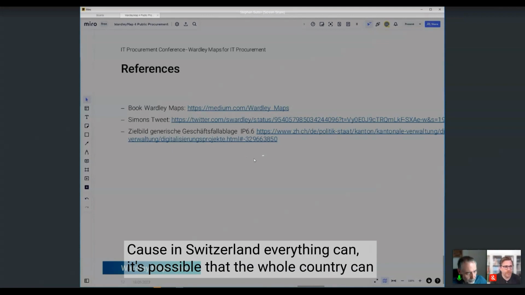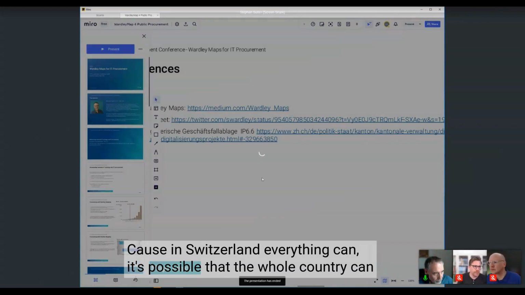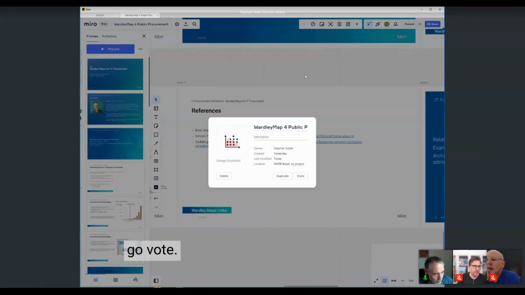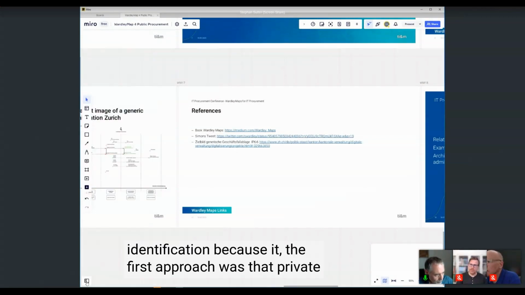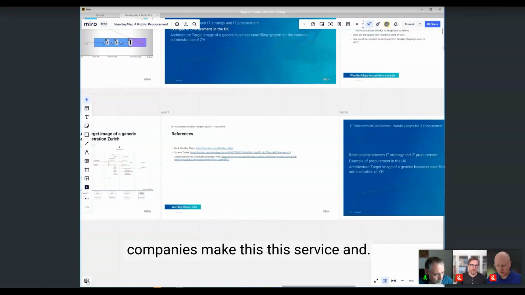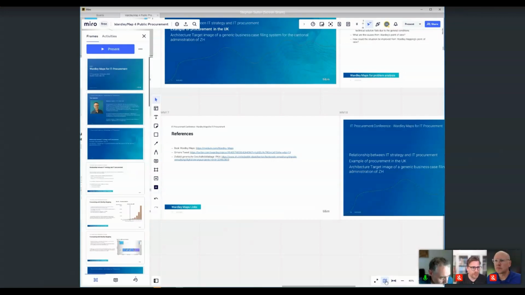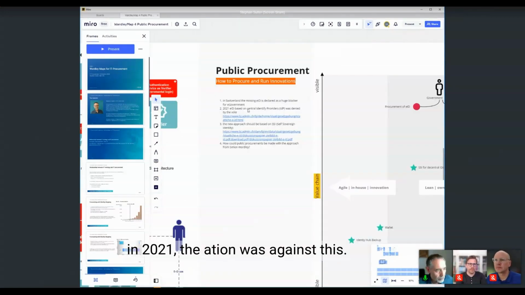it's possible that the whole country can vote. And there was a huge political discussion about this electronic identification, because the first approach was that private companies make this service, and finally the decision was that in 2021 the votation was against this.